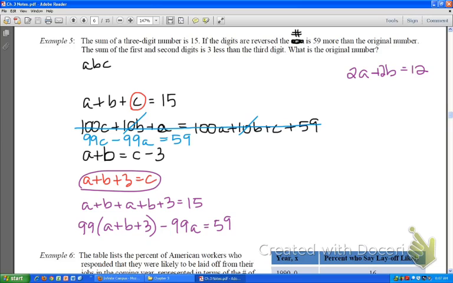Okay, now let's think through this next equation. You're going to be distributing the 99 in, right? But then you've got minus 99. So what's going to happen with your a's? A's are going to cancel, right? And then you're going to have 99b.